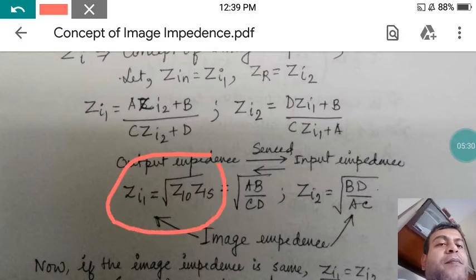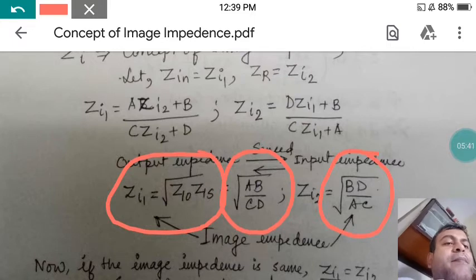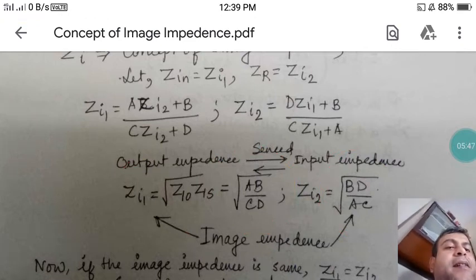If you place these values of Z10 and Z1S, finally it looks like this: Zi1 equals the square root of AB by CD and Zi2 equals the square root of BD by AC. So AB by CD and BD by AC are Zi1 and Zi2.